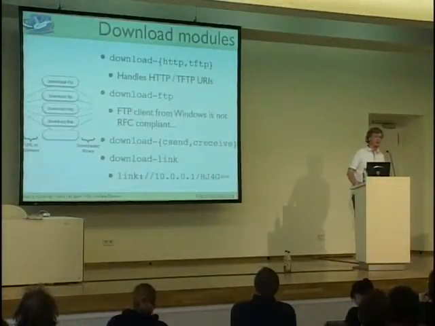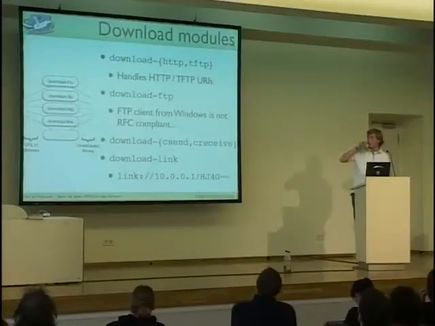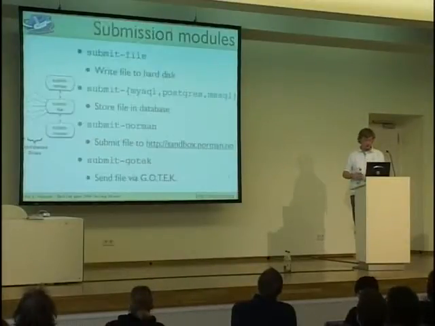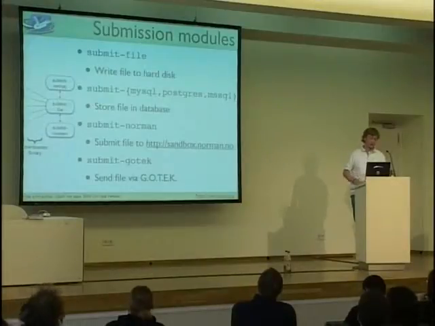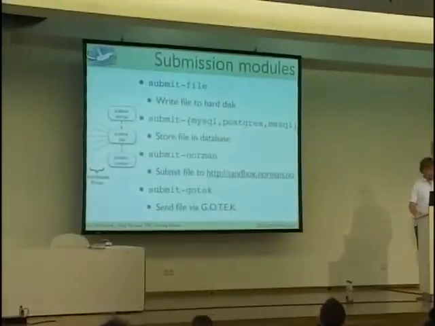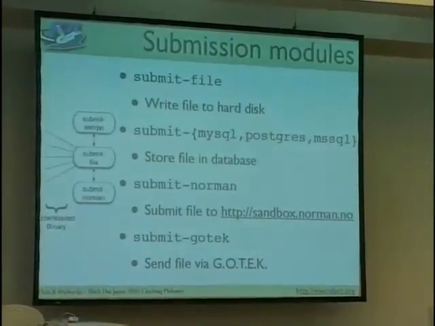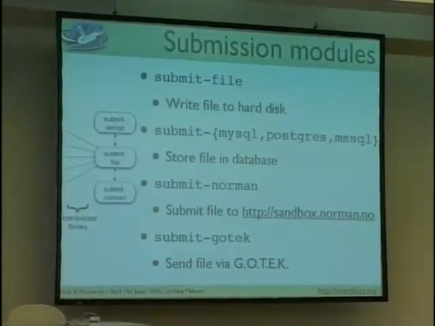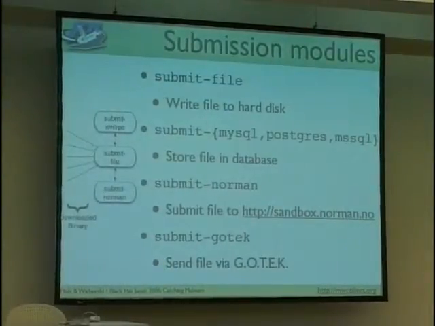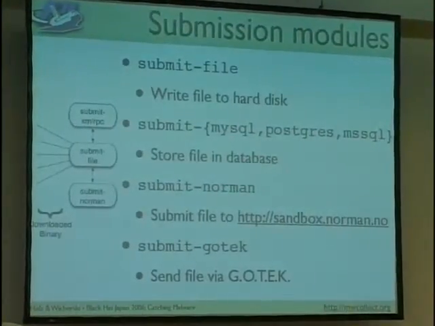These are the most sexy download modules we have, and we can download nearly all malware with these download modules now. So the next step, of course, is handling the malware, because we're not like people collecting stamps. We don't collect malware just for fun. The simple thing is to write it to the hard disk, but we have some submission modules for submission into various databases, which is great for correlating data.